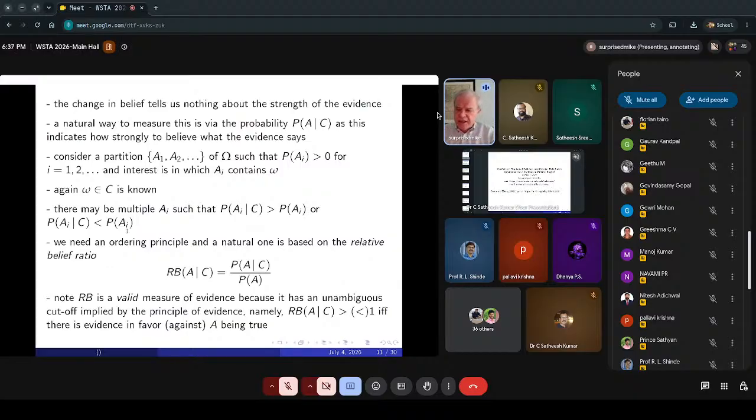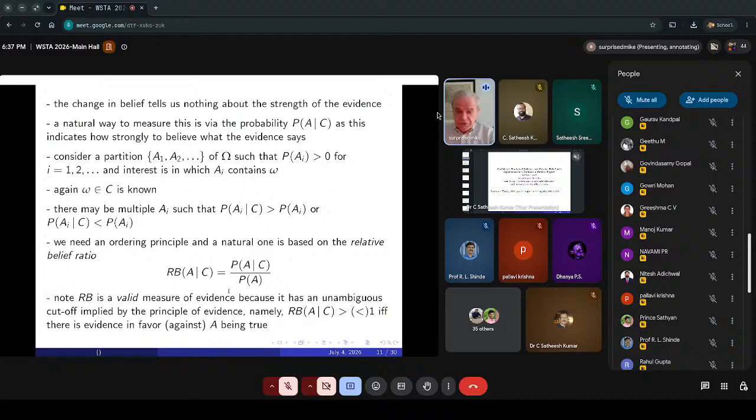Now, in this context, I need a way to rank things. The natural way to do that is based on what I call the relative belief ratio. The relative belief ratio for an event is just the conditional probability of the event divided by the unconditional probability, or what I'll call the posterior probability in the numerator and the prior probability in the denominator.